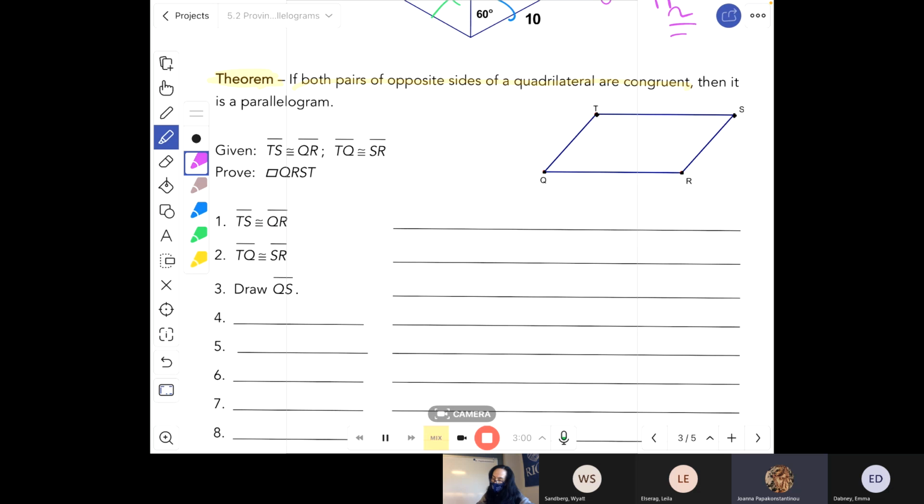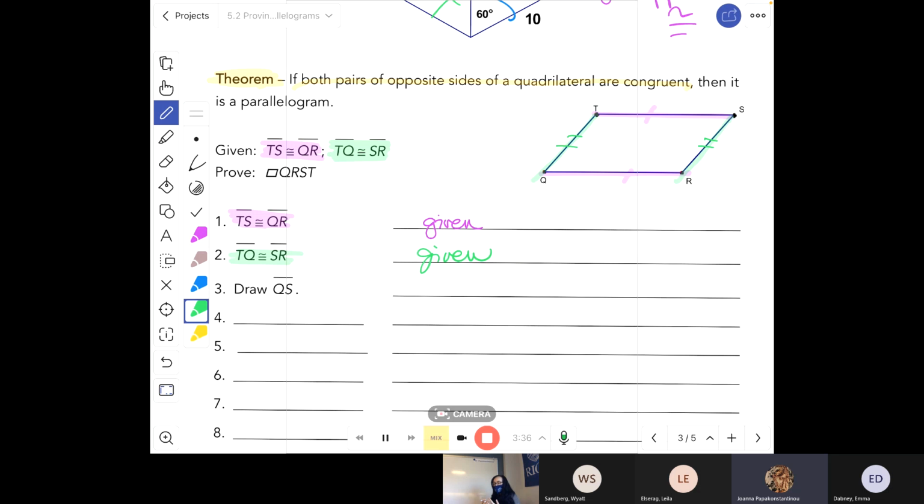You've been given that TS is congruent to QR. So that's a given. You've been also given the fact that TQ is congruent to SR. So that's been given.